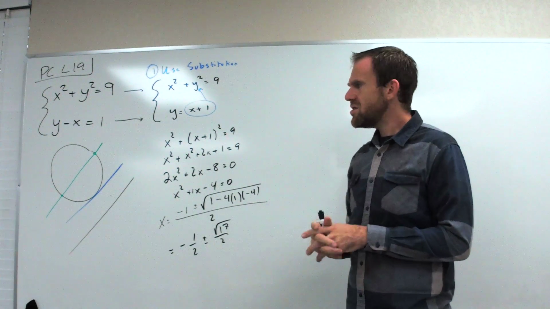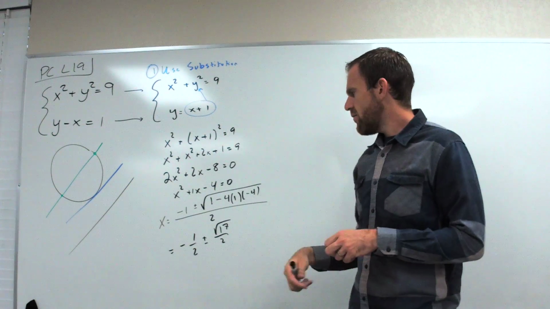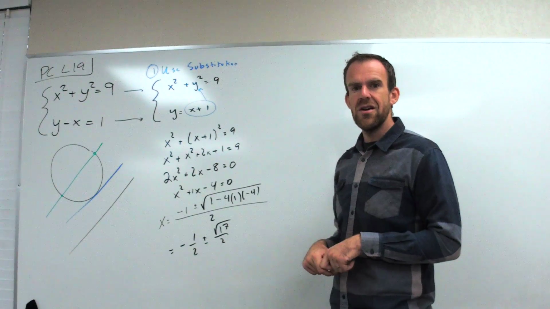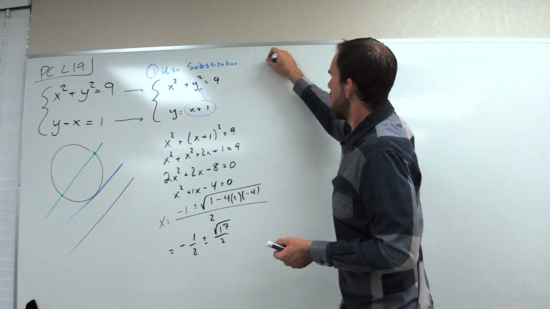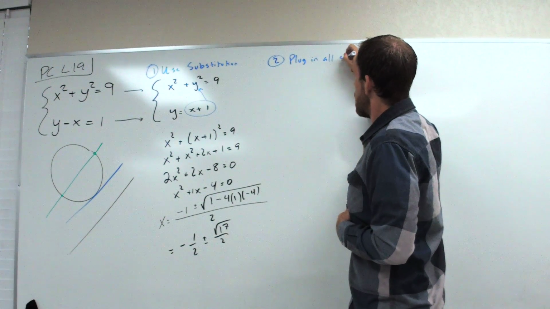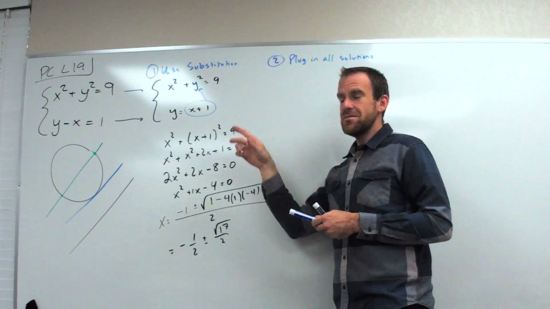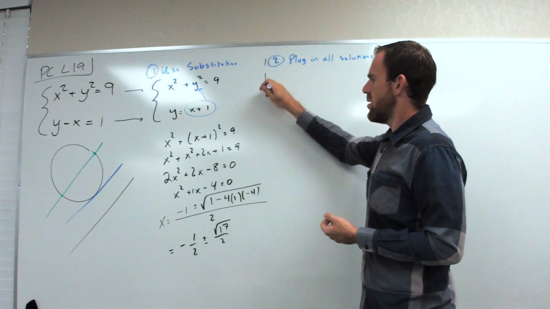So for each of these, remember that we could have 0, 1, or 2 solutions. For each solution here, of which I have 2, the positive one and the negative one, I now have to plug back in to my substitution part up here and solve for the solutions.